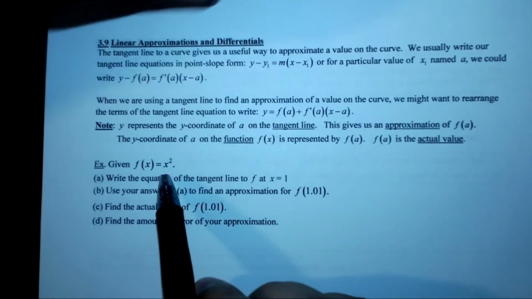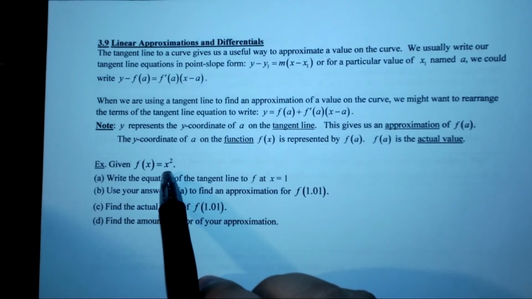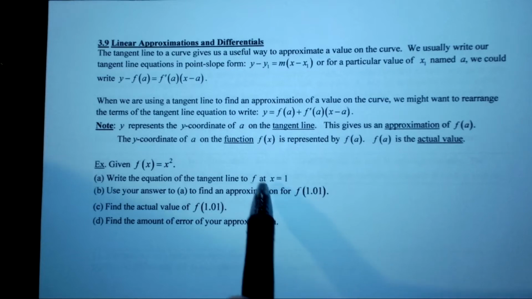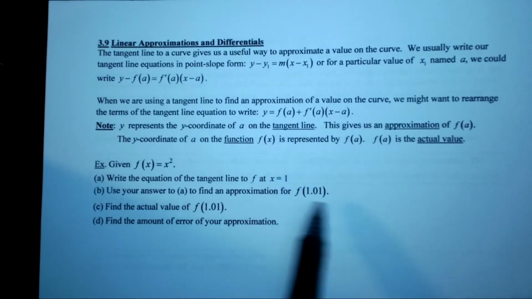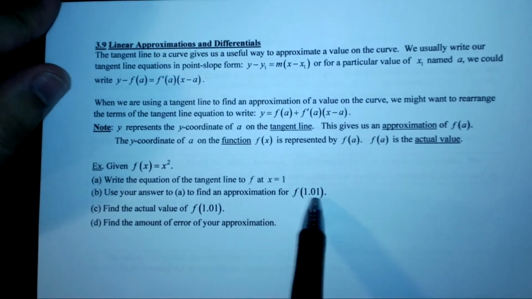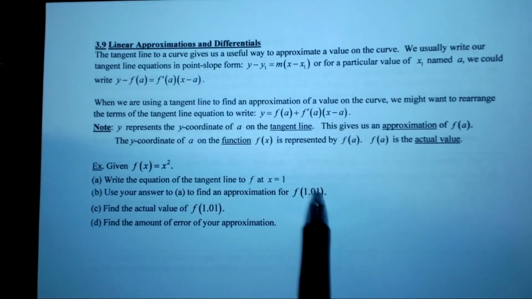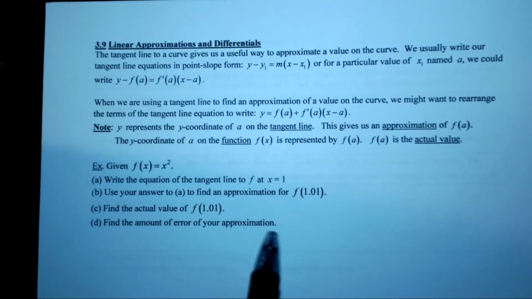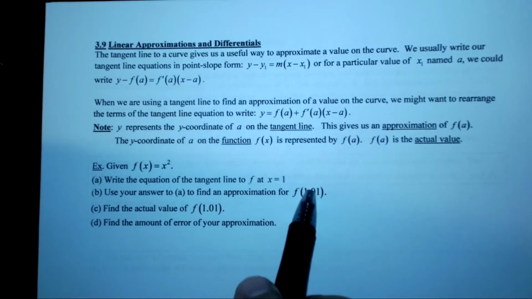So let's consider what we're talking about up here and how these numbers fit into the whole picture. Our f of x is x squared. It says to write an equation for the tangent line of f at 1. Now the question is, why are we choosing 1? Well, the actual value that we're trying to approximate is 1.01. With linear approximation, you always want to choose a value that's really, really close to the value you're trying to approximate.